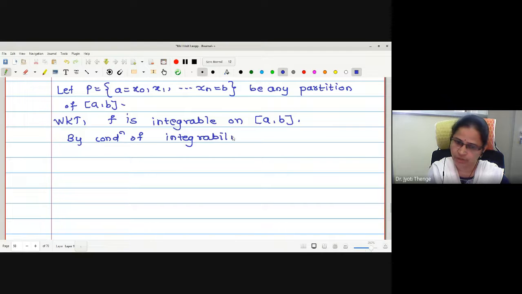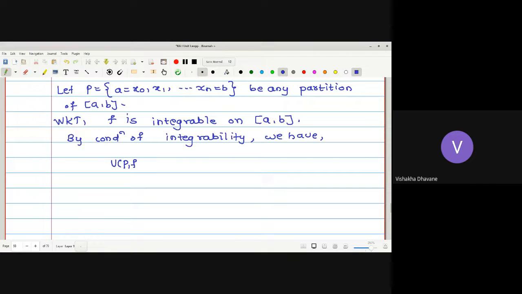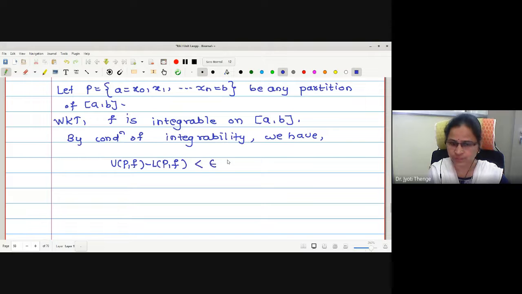By condition of integrability, we have what we have. What is the condition of integrability for the function f? U(P, f) minus L(P, f) less than epsilon. Very good. Less than epsilon. Let me call it statement number 1.